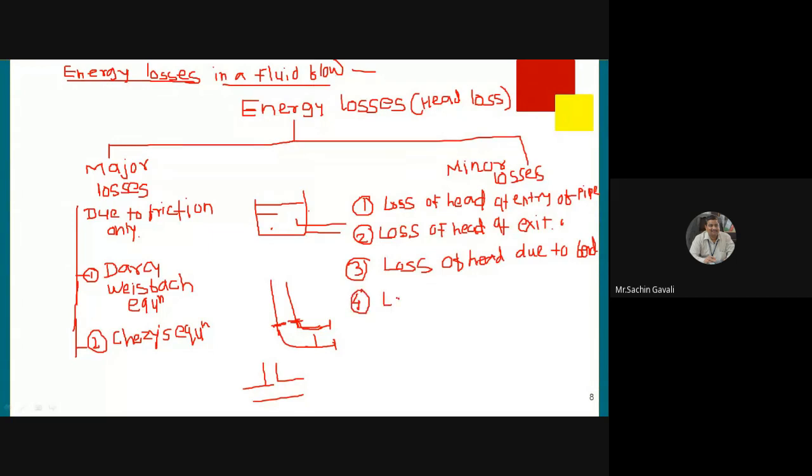Loss of head or energy due to pipe bend, or loss of head due to pipe fittings.